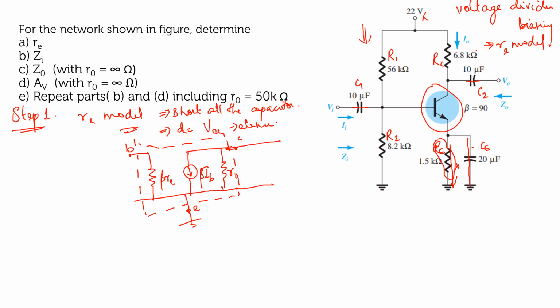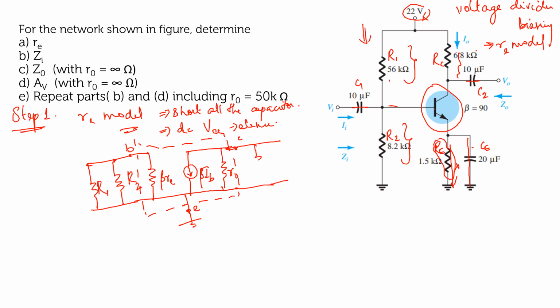Now you can see into the circuit. In the network, whatever you have R1, R2 and RC, right? So R1, if you take the effect of VCC, you will be getting R1, the other point to be grounded. So from the base you have R1 and R2, both grounded. So I can reconfigure it into two resistances, R1 parallel to R2.